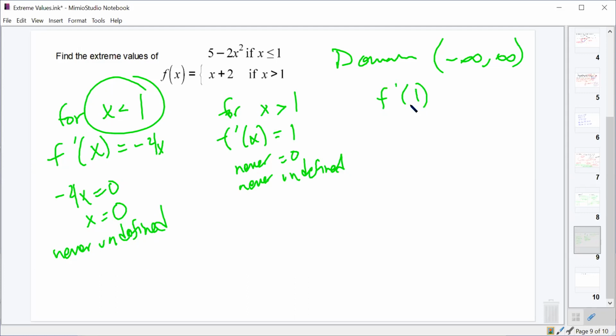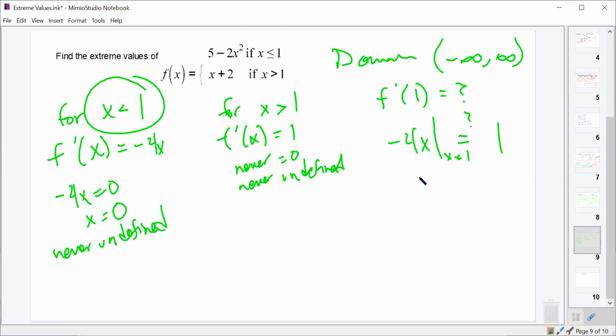In order for the derivative at this point 1 to exist, what would have to be true? The derivative from the left would have to be equal to the derivative from the right. So the derivative from the right is 1, right? Well, negative 4x evaluated at x equals 1 is negative 4. Does negative 4 equal 1?